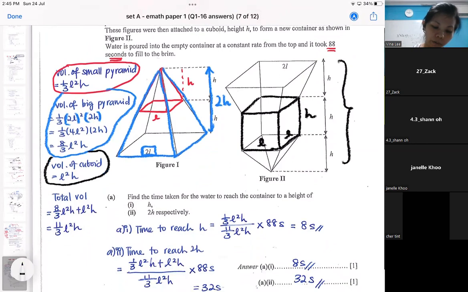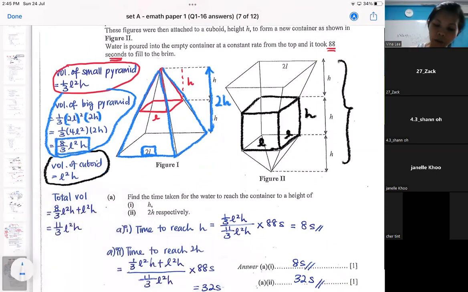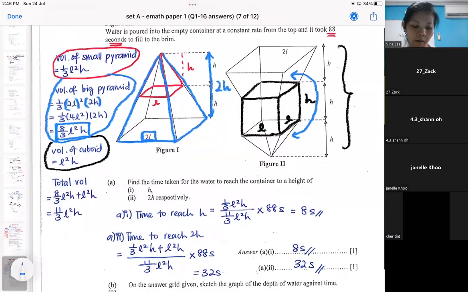The total volume will be the big pyramid, which is the whole blue color. The whole blue color is split into these two. So I found out the total volume by adding the huge pyramid and the cuboid.